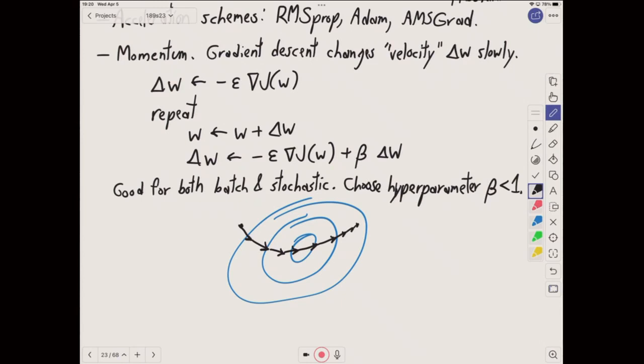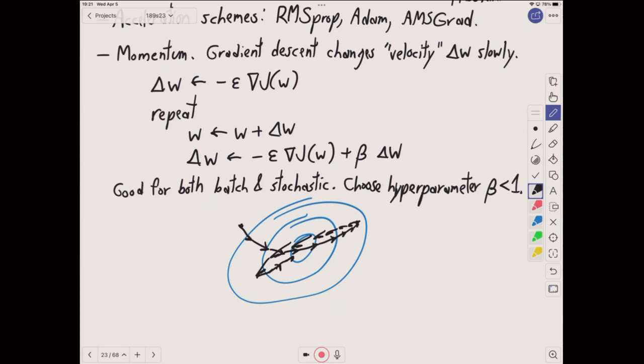And it takes a little time to sort of turn around and go back again, and then you overshoot again, and you oscillate around the mean. So that's a disadvantage, but at least you made it close to the minimum in the first place. So there's a trade-off there.